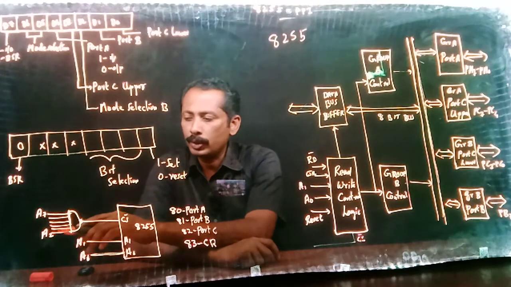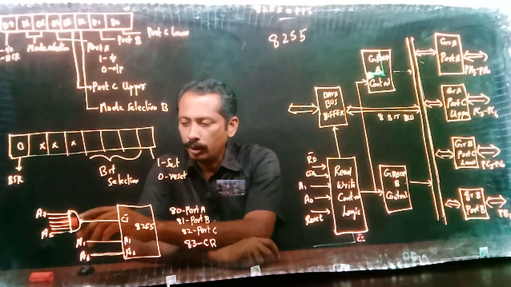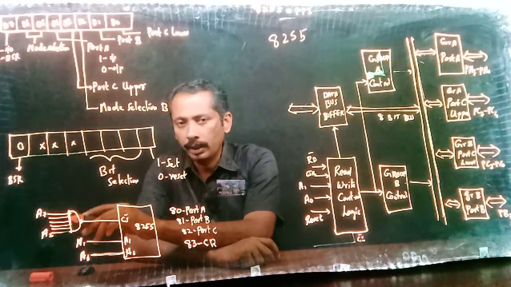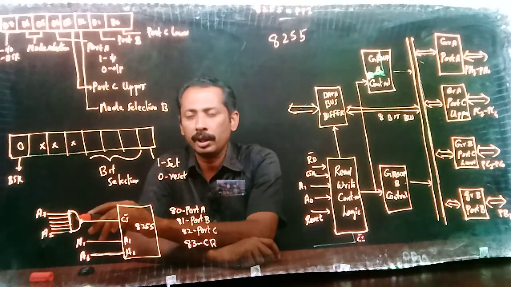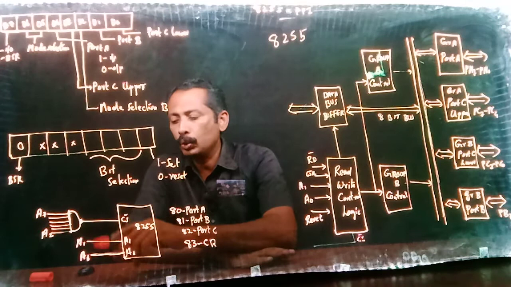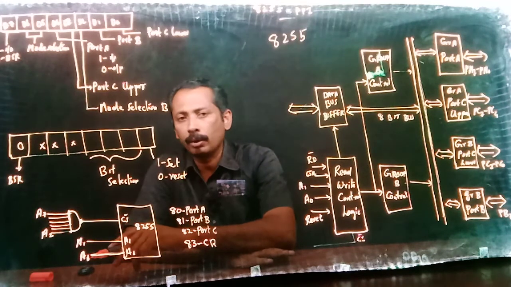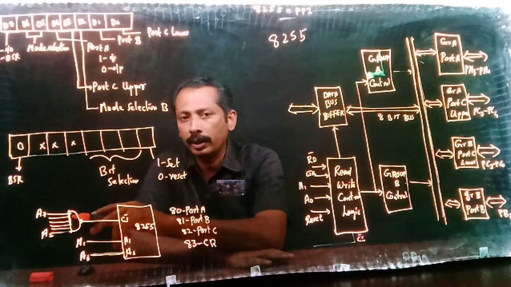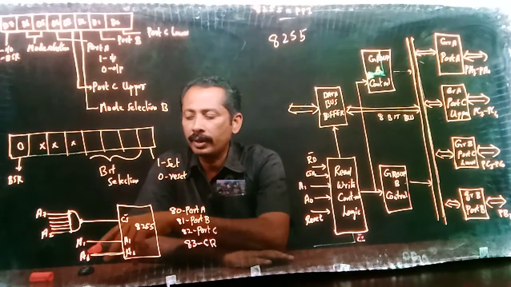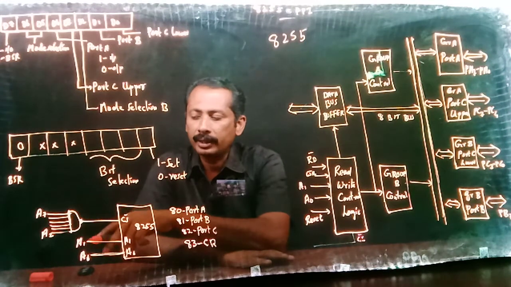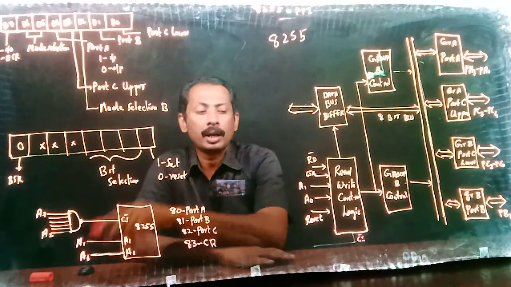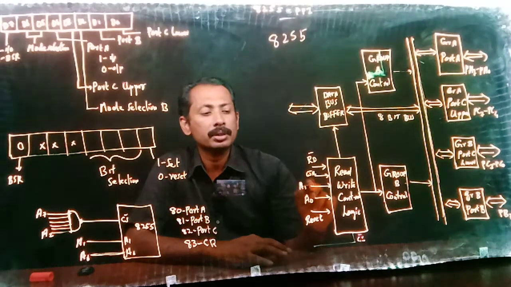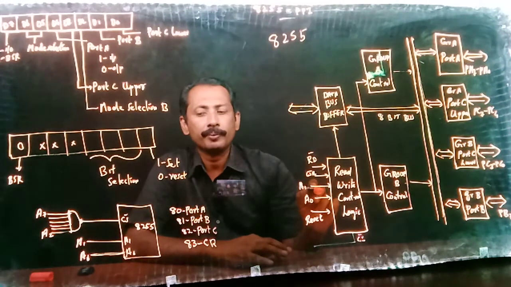A7 to A2 are given to the decoding circuit, and I have 2 lines, A1 and A0, remaining, and these A1 and A0 are connected directly to the 8255.